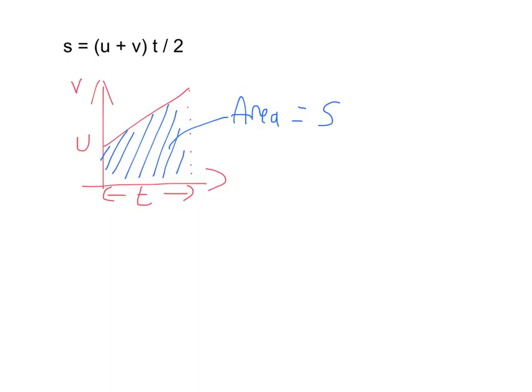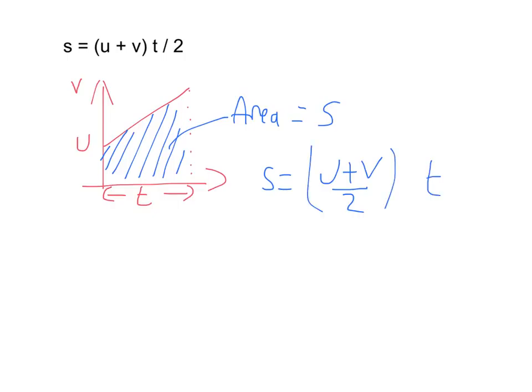So, how do we calculate the size of that area? Well, the easiest way is just to say the displacement is u plus v over 2, which is the average value of the velocity, multiplied by the time.